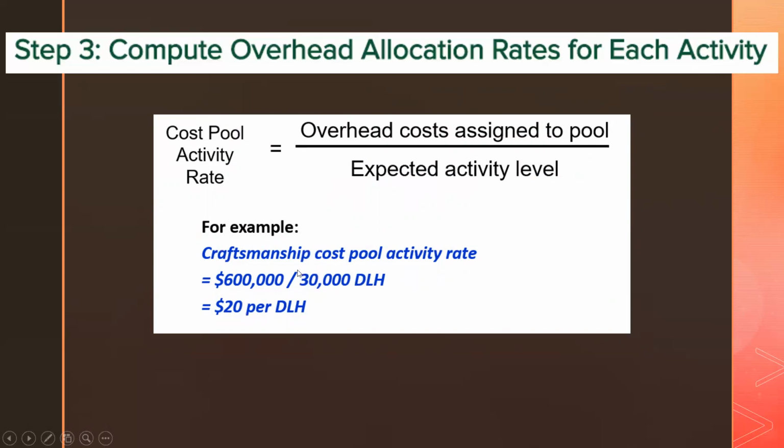And they're telling us the direct labor hours was 30,000. I believe it was 25,000 for standard and 5,000 for custom, if I'm recalling correctly. So that would give us for the craftsmanship activity cost pool, it would be $20 per direct labor hour.